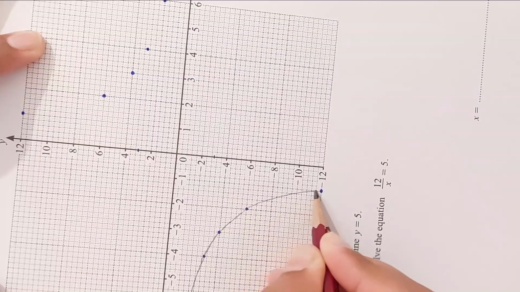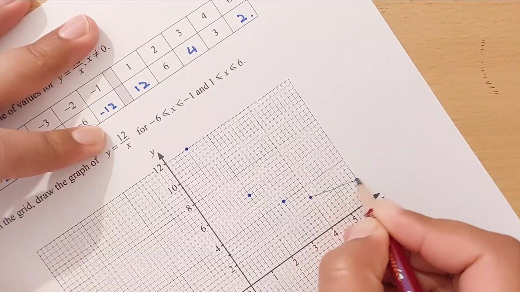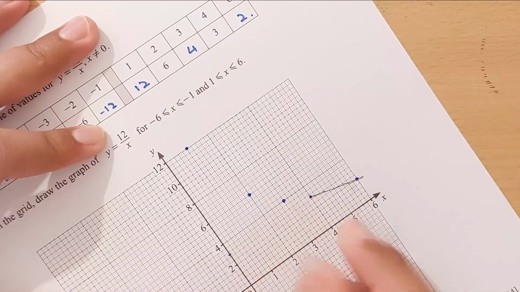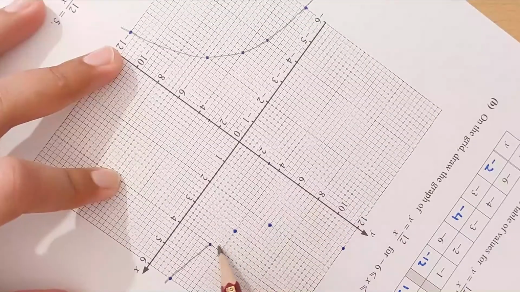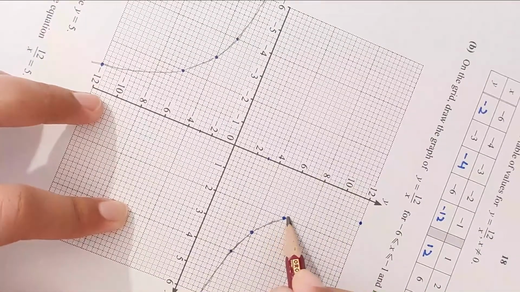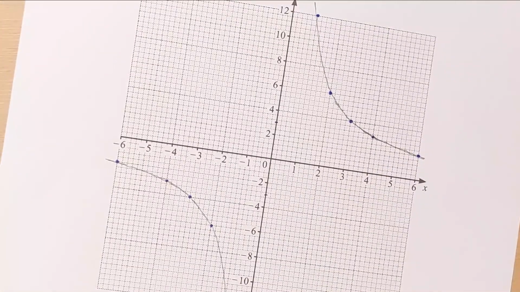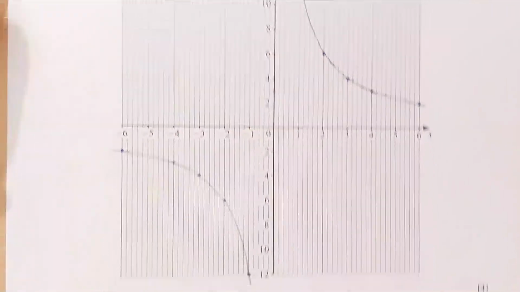Make sure the curve passes through each and every point. Now on the other side. Okay, so this is the graph for the function 12 by x, right?